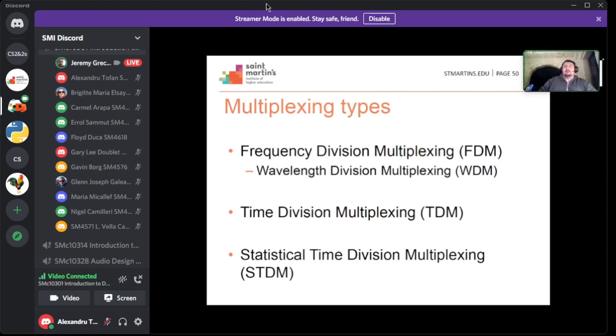Now, using similar mediums, wavelength, on the other hand, is yet another way of how you could receive certain signals. For instance, wavelength division multiplexing is usually used with regards to light, light transmissions.